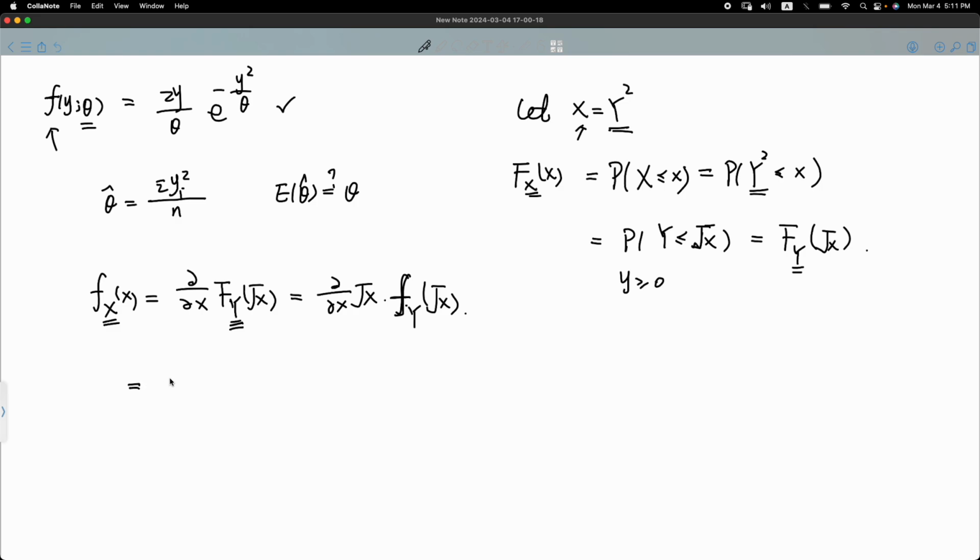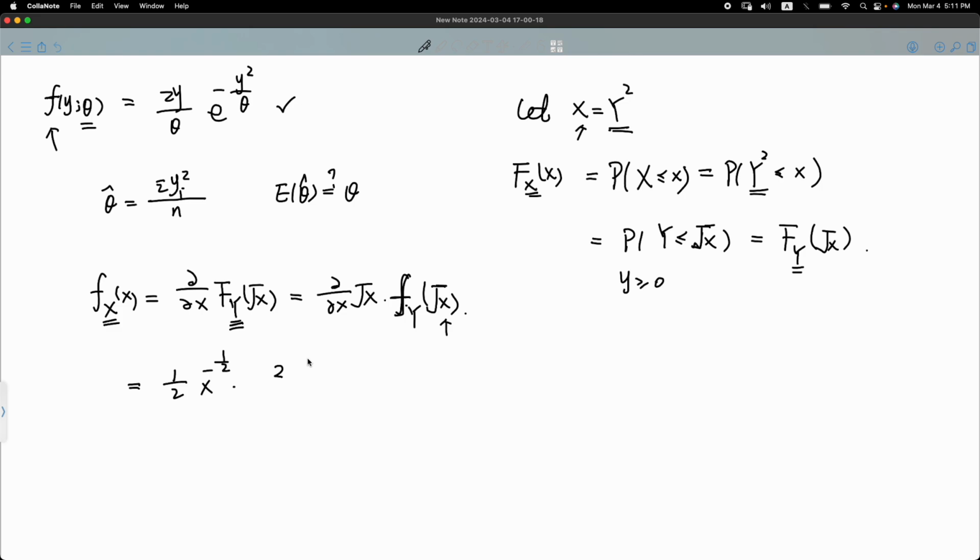Next we just plug in the individual pieces to complete this PDF for X. The derivative of the square root of x would be 1/2 x raised to the power of negative 1/2. And then the PDF is this one, so we have 2, but everything here should be evaluated at the square root of x.